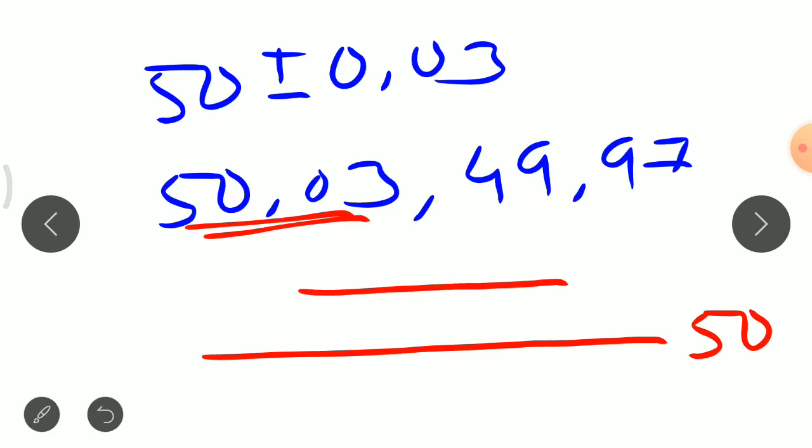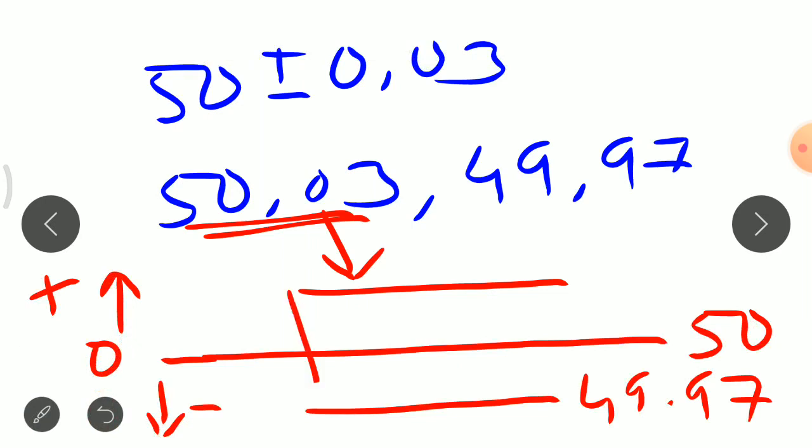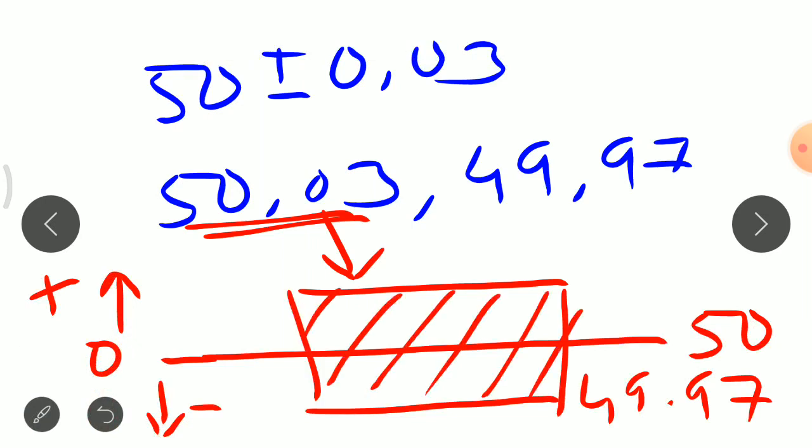Now we have to consider the basic line, the 50 mm line, as a zero line, and in the upward direction we have the plus region, in the downward direction we have the negative region. Now this line indicates the 50.03 value and this line indicates the 49.97 value. When we join both values, this region is called the tolerance, as we know.